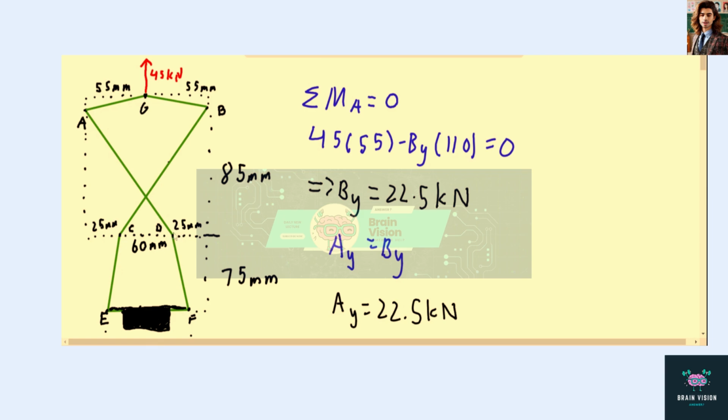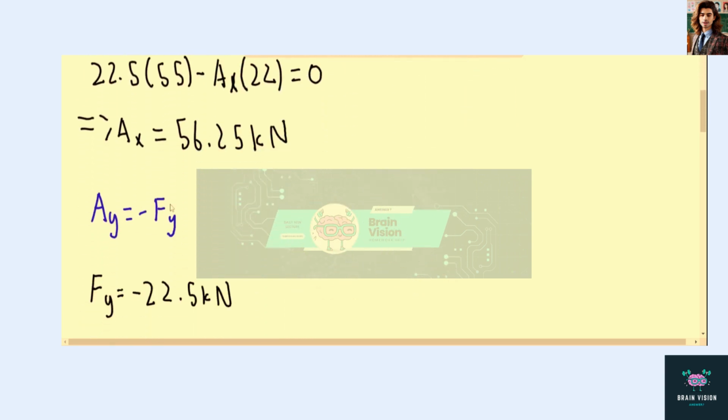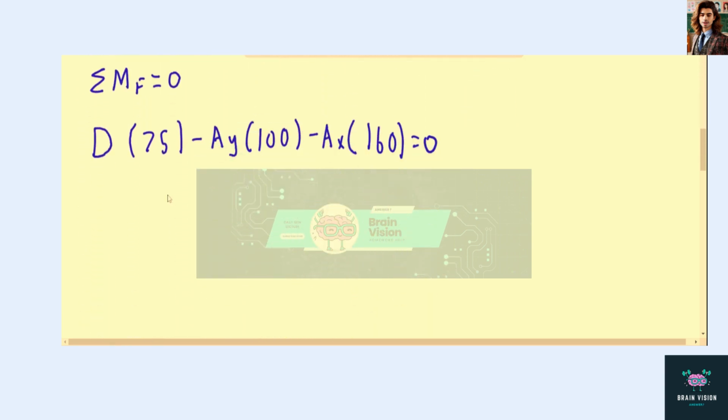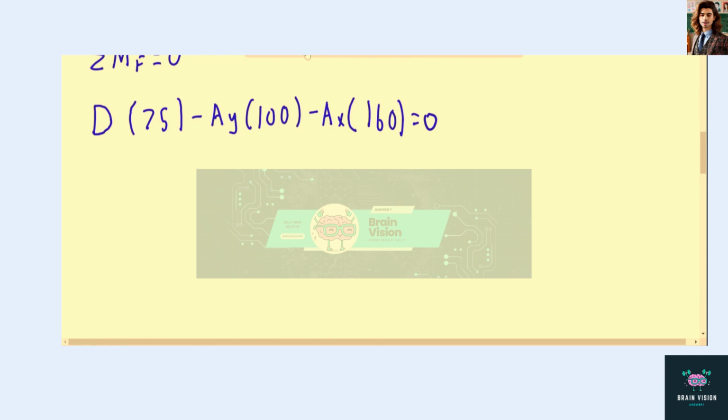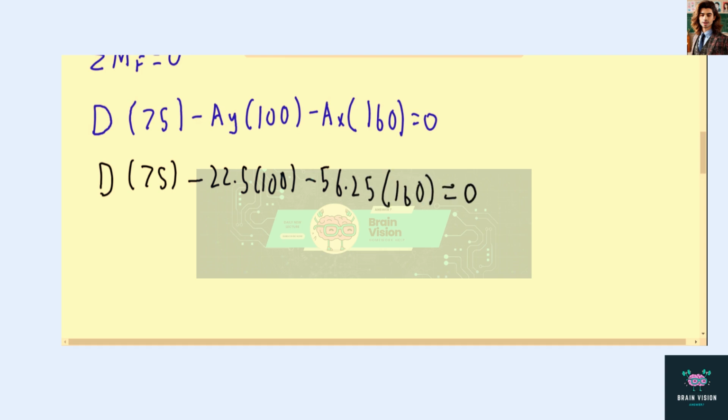So we can say that the force exerted at point C due to point D is equal to the force exerted at point D due to the force at point C. So using this equation and plugging in the known terms, we get D times 75 minus A of y times 100 minus A of x times 160 is equal to 0.